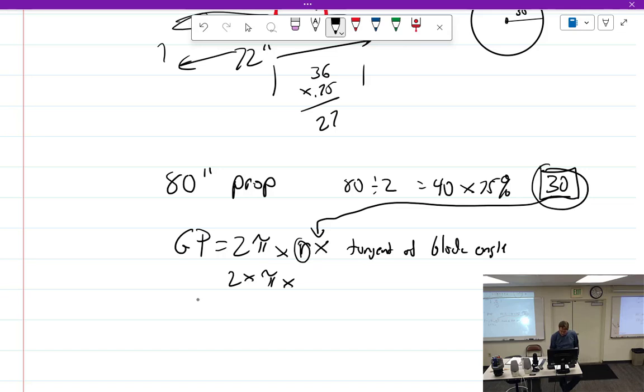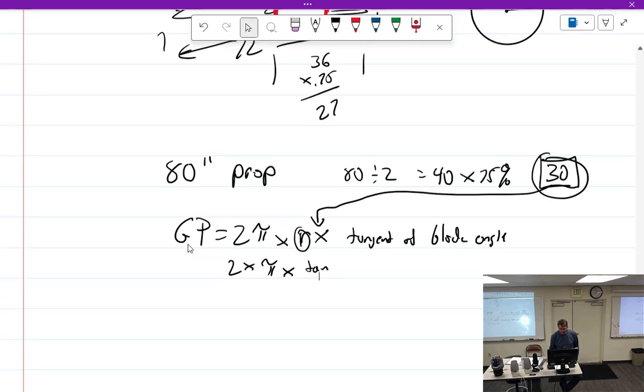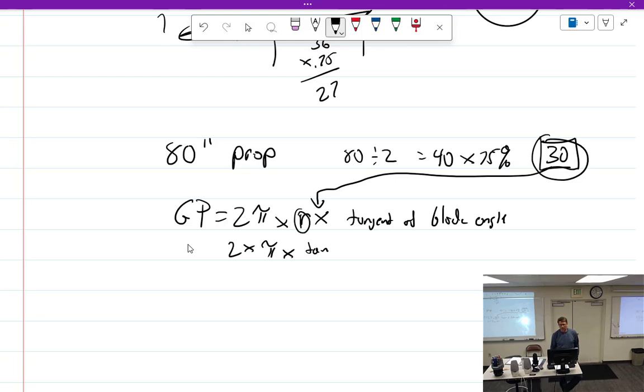So 2 times pi times the radius times the tangent of the angle. Oops, I forgot the radius. Let me do that again: 2 times pi times the radius times the tangent of the angle.